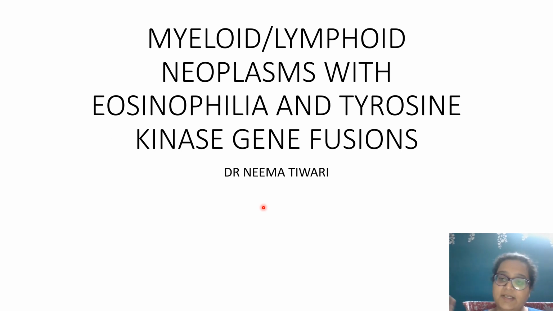The treatment was a TKI, a tyrosine kinase inhibitor, imatinib, dasatinib, and that entire group, the first generation, second generation, third generation, nilotinib, etc. But now the terminology has changed. Instead of calling it a PDGFRA, B or FGFR mutated tumor with eosinophilia, now we are going to call it MLN-TK, myeloid lymphoid neoplasm with tyrosine kinase gene fusion. These cases may or may not have eosinophilia, but they will have this particular gene fusion.